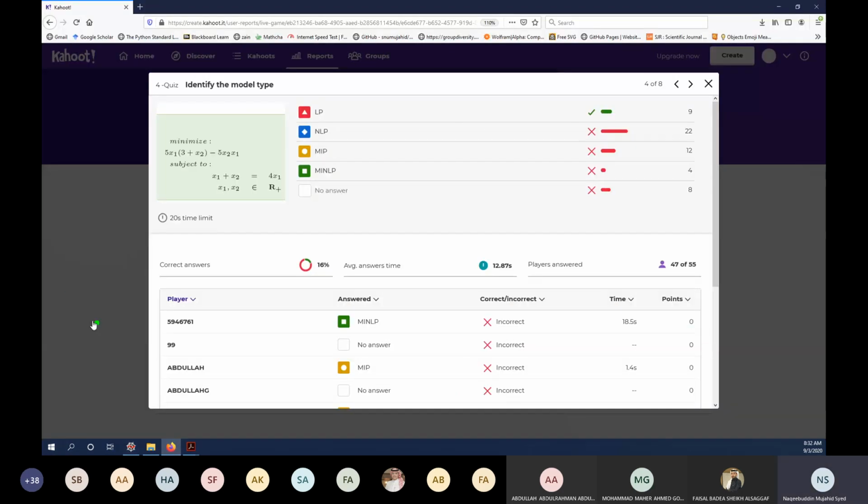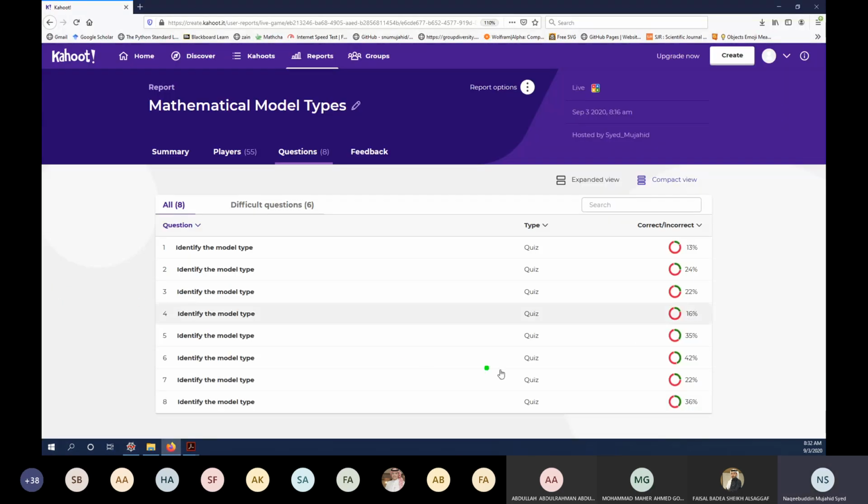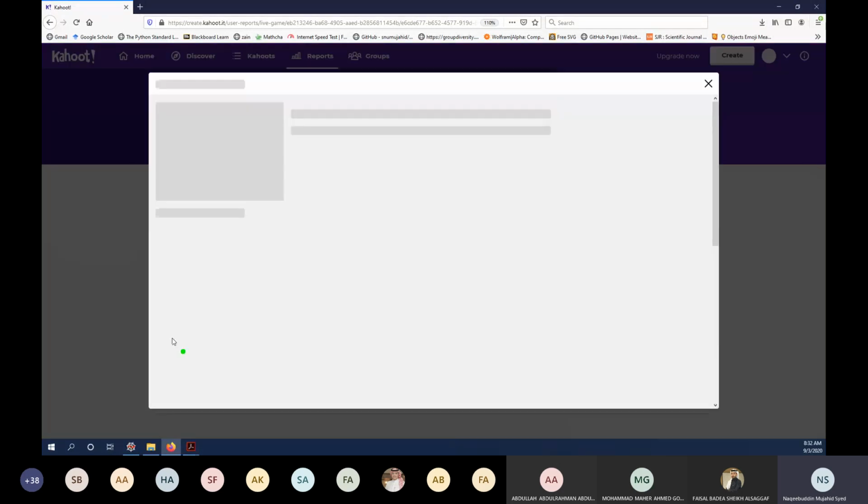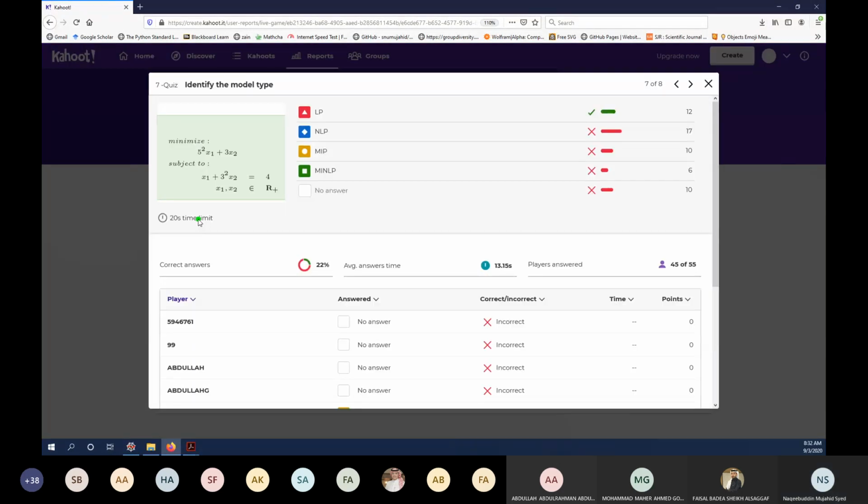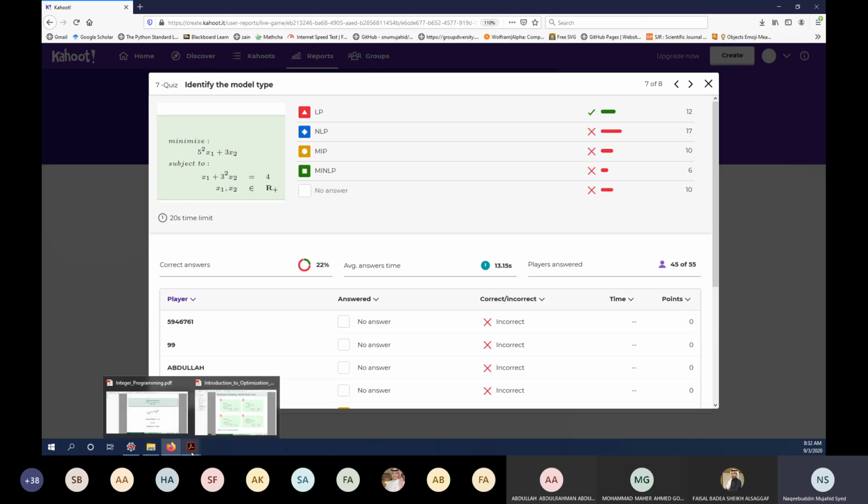Now let us see the next one. This one's 22. This was the simplest one, but most of you answered this as NLP. It is strange.